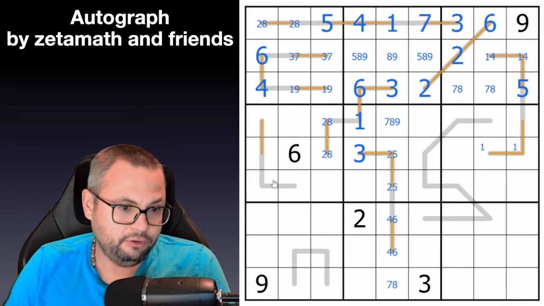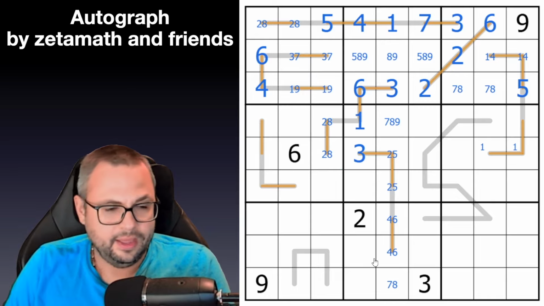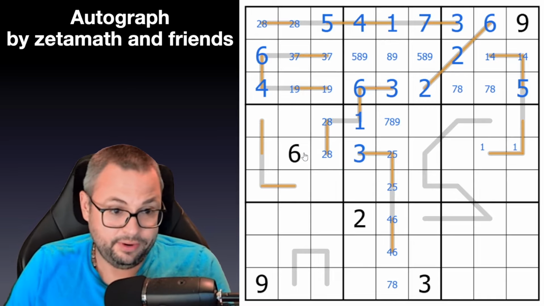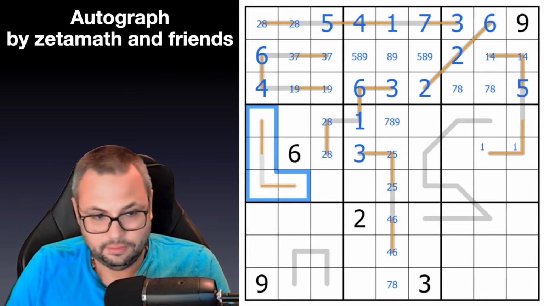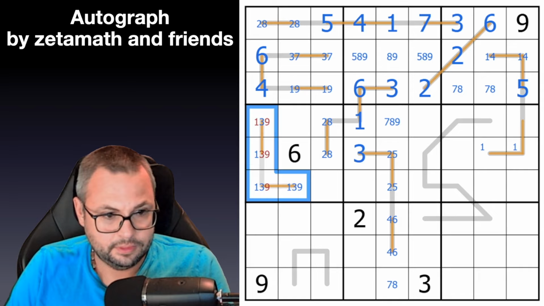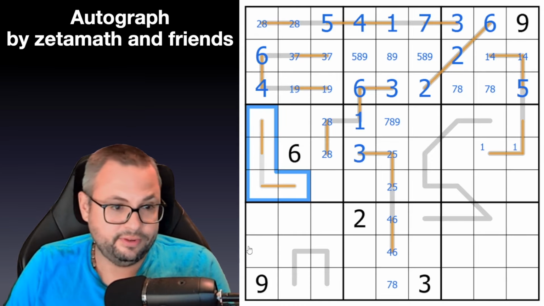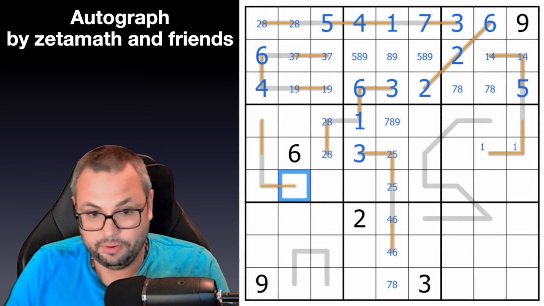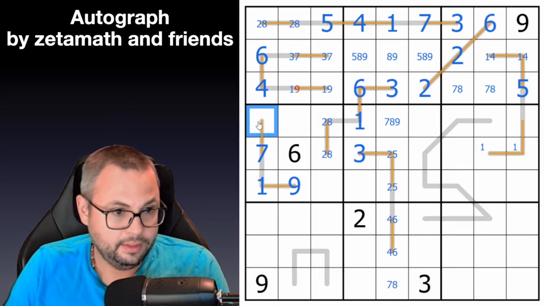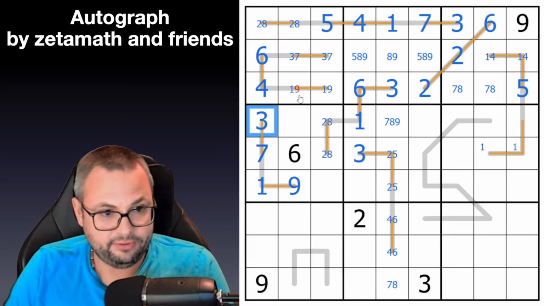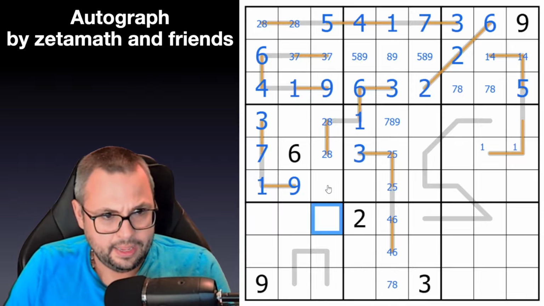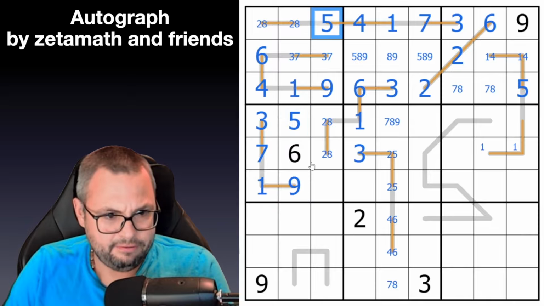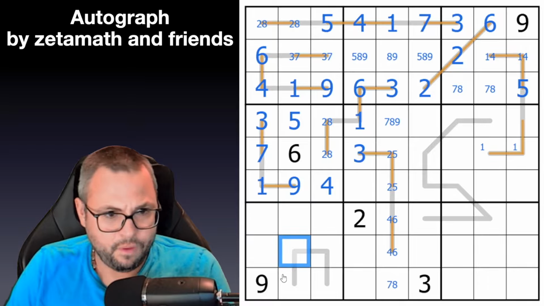And these are two additional sums, which are 1, 9, and 3, 7, again because of the given 6. I have a given 9 that tells me what order they're in, and a 3 here, which actually tells me that. So that sorts out that 1 and that 9. That's the 5 by Sudoku. So that's the 4.